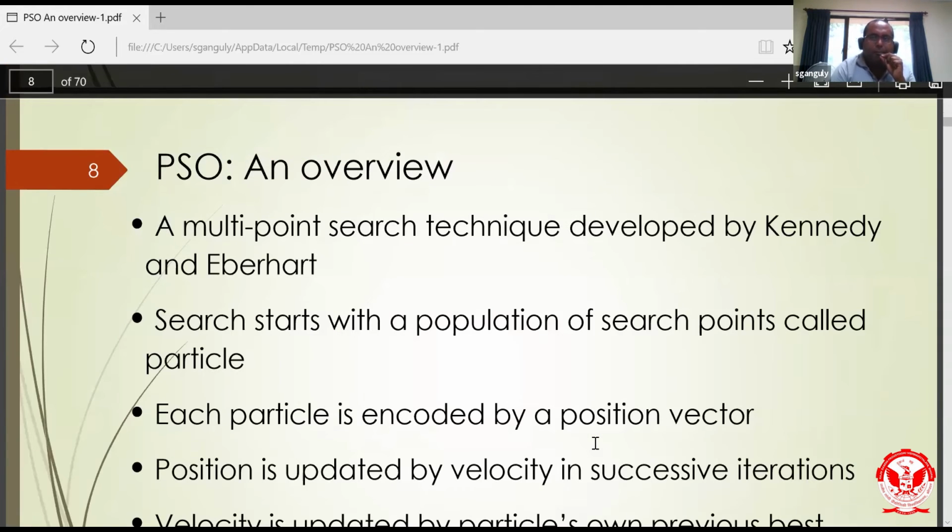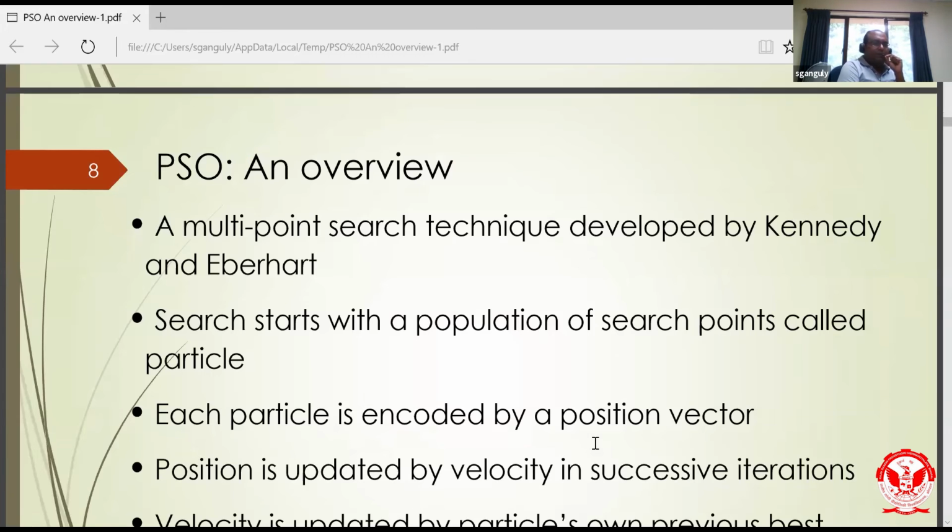Then in the next slide, I will briefly discuss what PSO, particle swarm optimization, is. It is a kind of meta-heuristic algorithm, proposed by Kennedy and Eberhart long ago, around 1995 I think, in a conference paper.